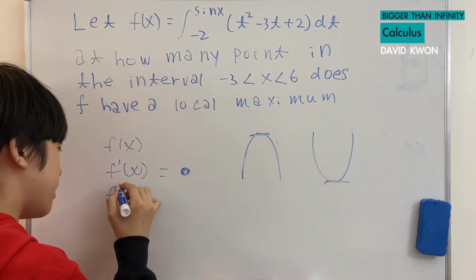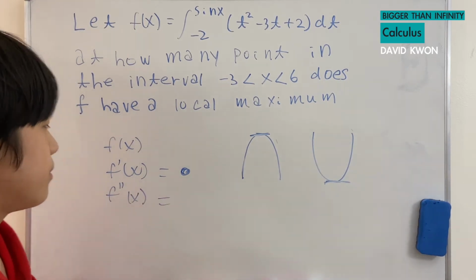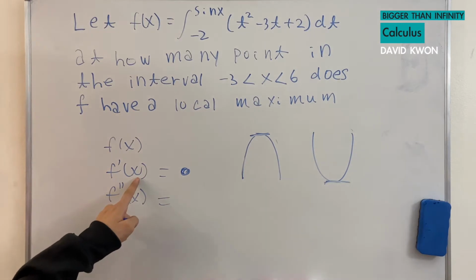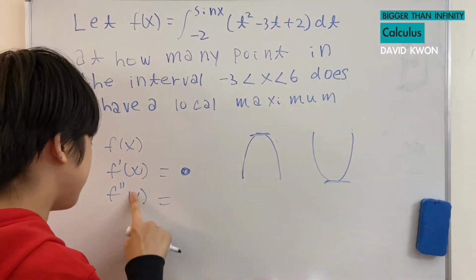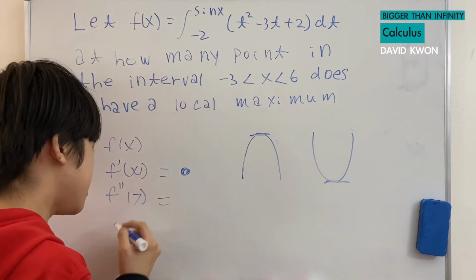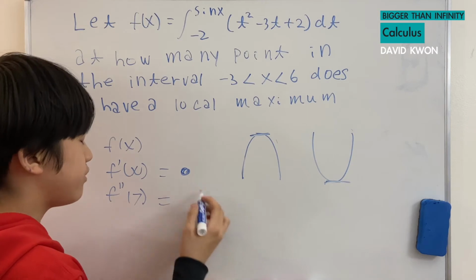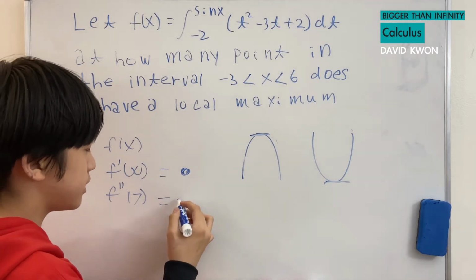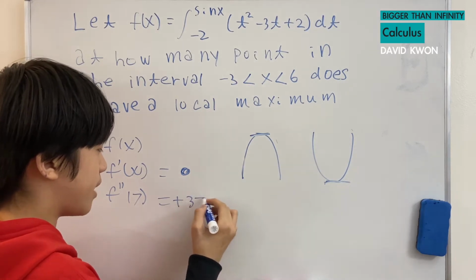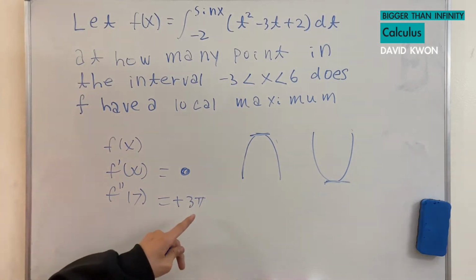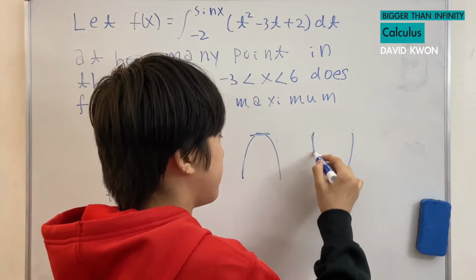Which we would get then f double prime of x, and now we plug in the value of x you got where f prime is 0. Let's just say that was 7, okay? If we put 7 here, and it turns out our value is a positive number, like 3 pi, it will look like this.